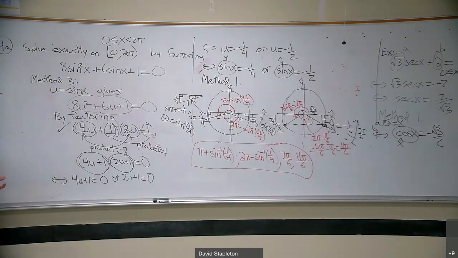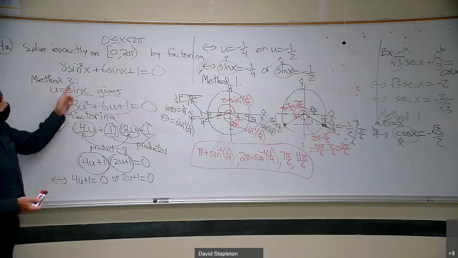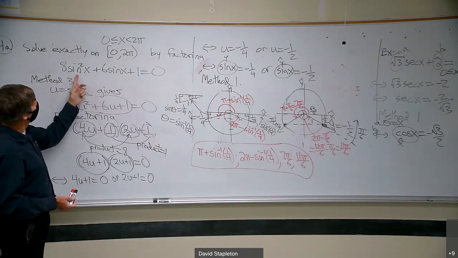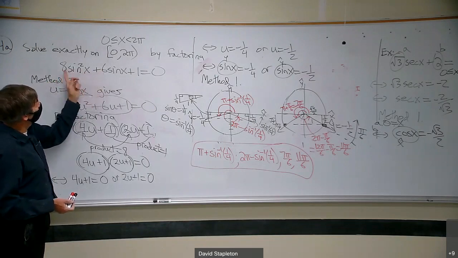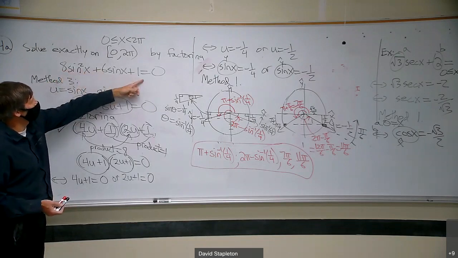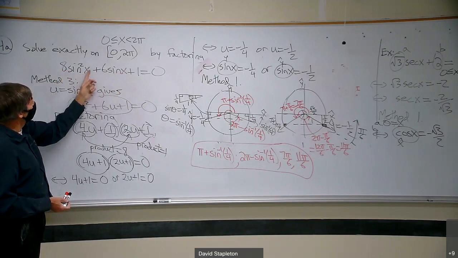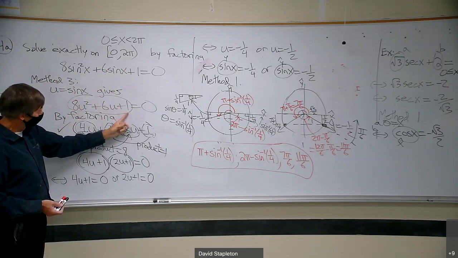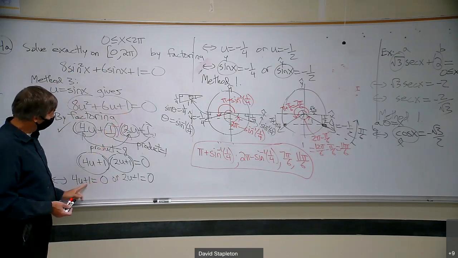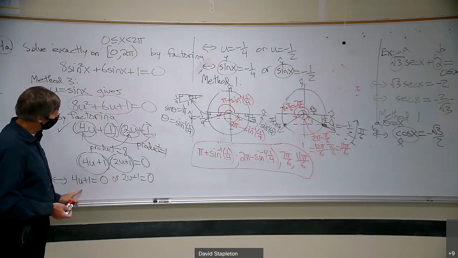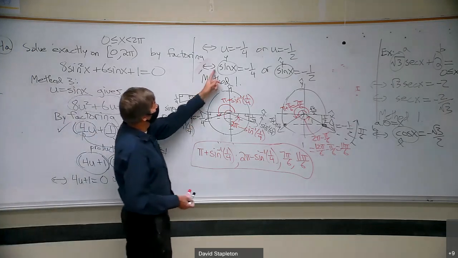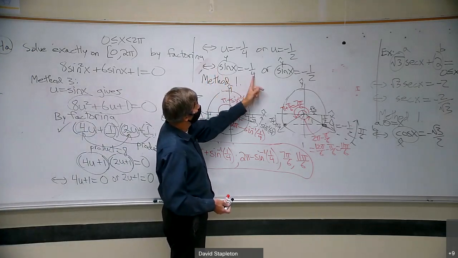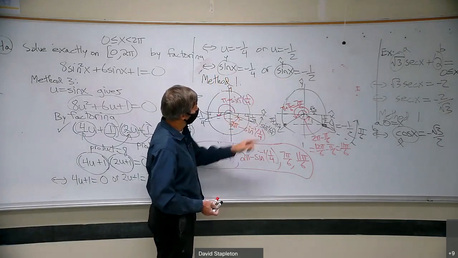Solve a quadratic equation in a trig function, all right? It's just a u squared plus b u plus c equals 0, where u is a trig function like sine. Put u equal to the trig function to recognize a quadratic equation. Solve it by algebra. For each equation that you get from algebra, you can solve for trig function equals a number and solve each of them on the unit circle.